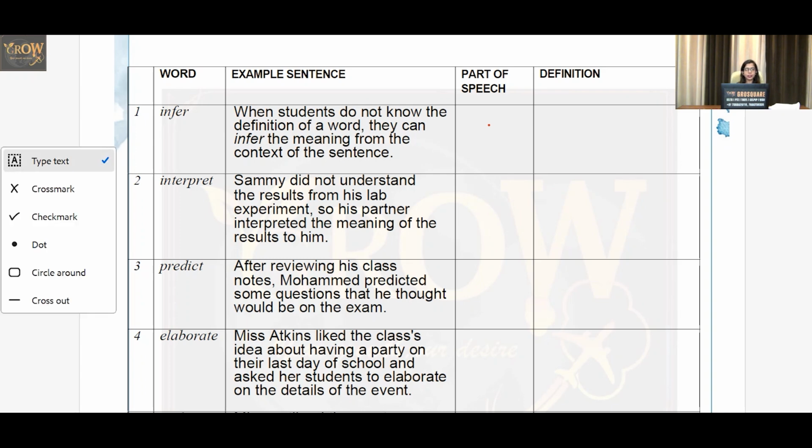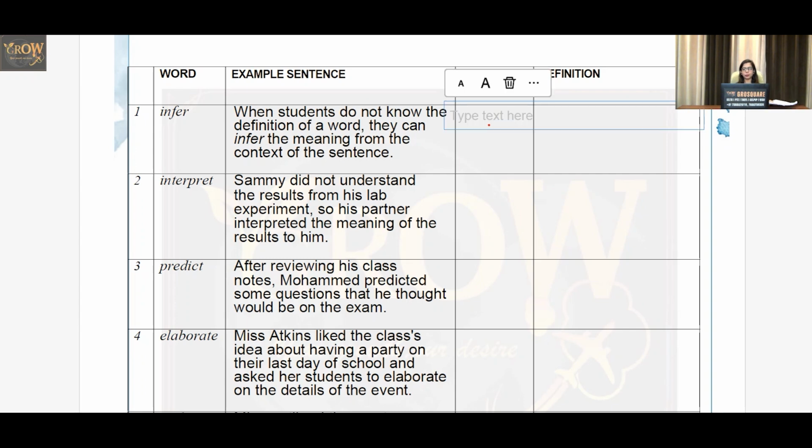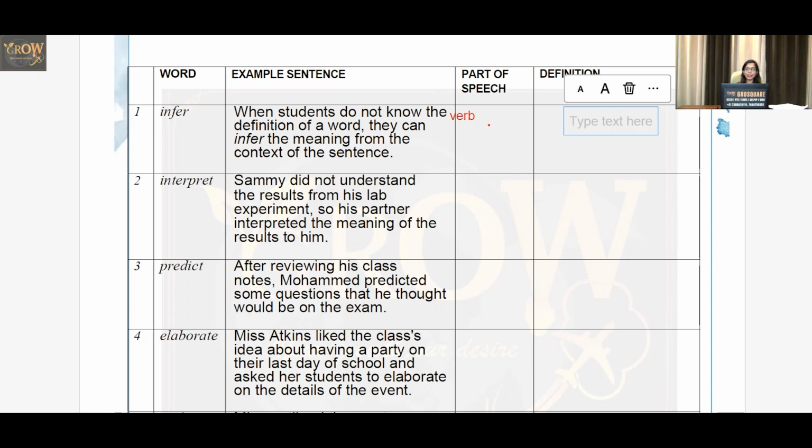Now, do you understand what is the meaning of infer? Here we have to tell the part of speech, like whether the word is noun, pronoun, or whatever it is. Okay. So what is infer basically? Infer is a verb, right? And if I talk about the definition, that means what the meaning of the sentence is.